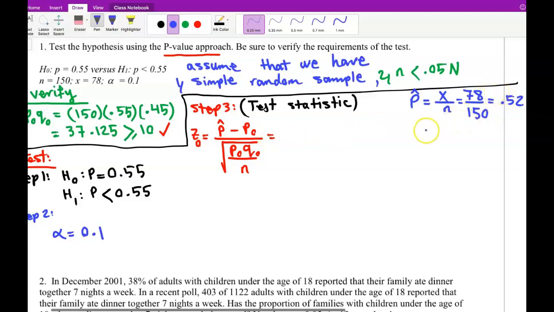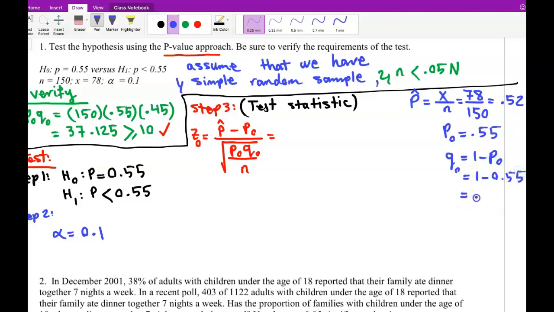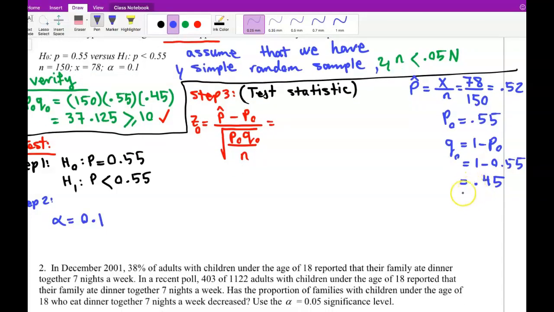And I'm writing what p0 is. So p0 is given as 0.55 and q0 is equal to 1 minus p0, so 1 minus 0.55 is 0.45. And here we're going to use n, so I'm writing n as 150.